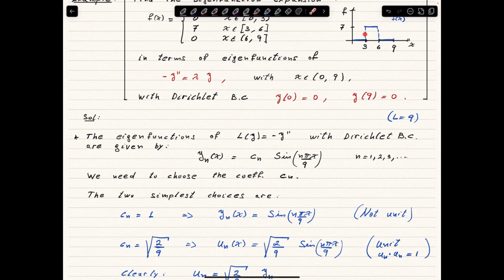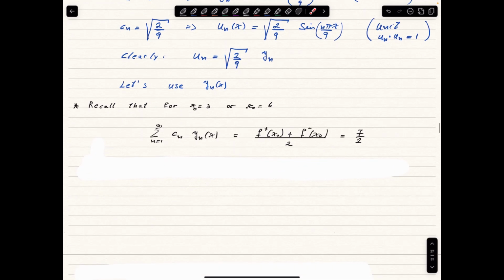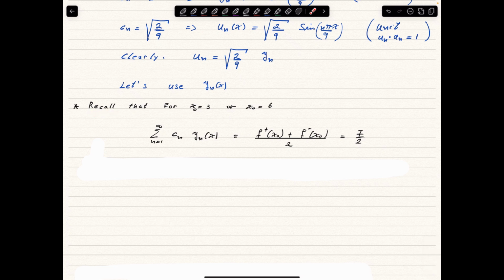It's going to give us the average of these 2 points, so 7.5 on both. So the little remark is that at these 2 points where the function is discontinuous, we are going to have 7.5. That is what this expansion is going to give us.